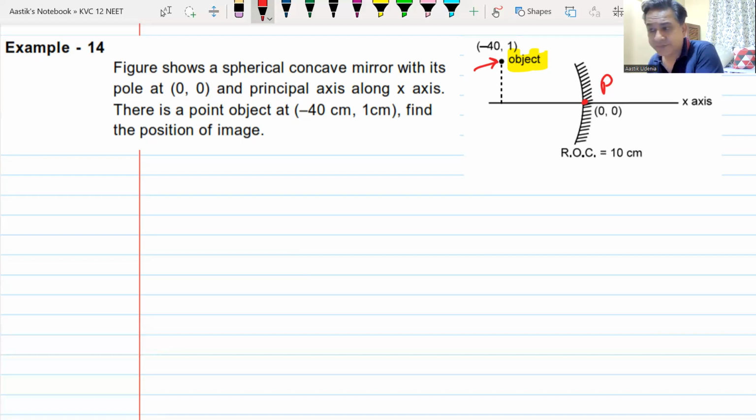So I'll give you a minute. So we'll discuss this question, and I'll give you one more short note, and then we will move on to refraction. So what about this question, my dear friends? Can you solve it? I'll give you a minute to do this.